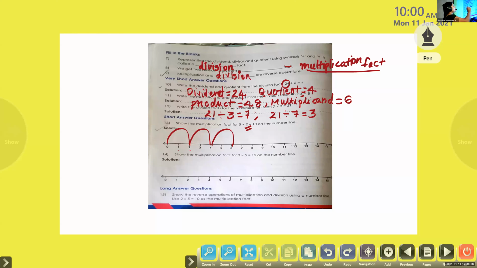Then, now 1, 2, 3, 4. Fifth jump is to 10. So you have to show. I will draw it so it will be more clear to you. 2, 4, 6. Like so, we have done 5 jumps by 2 and we reach 10. Only you have to draw like this.